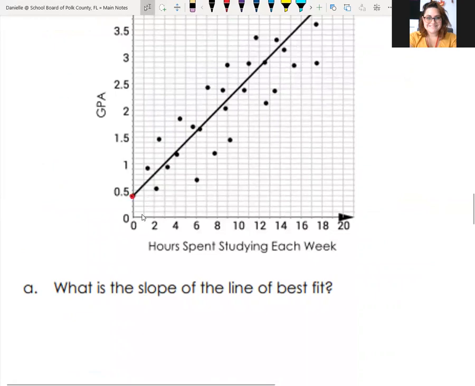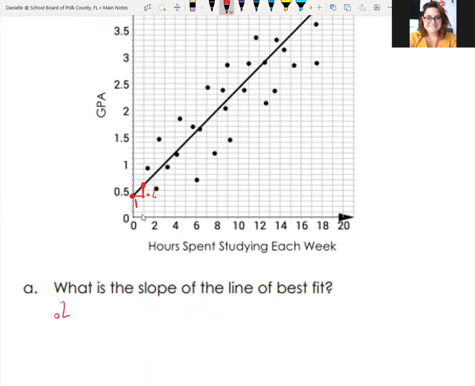I can start at 0 and it goes over to 0.5. So I'm going to actually use that slope, which means I go over 1, 1, 2, 3, 1, 2, 3. So this is at 0.4 to 5, 6. 4 to 6 means 0.2.